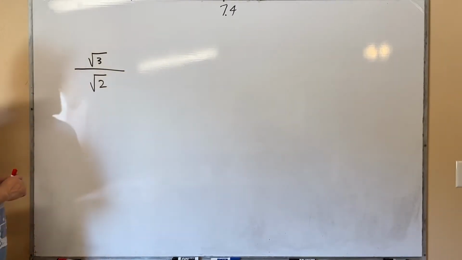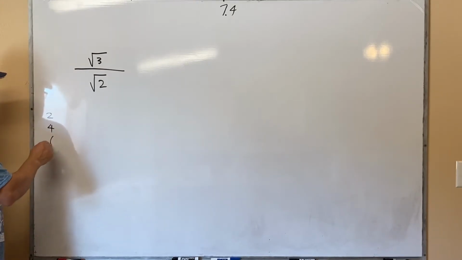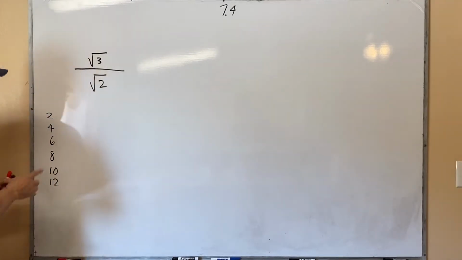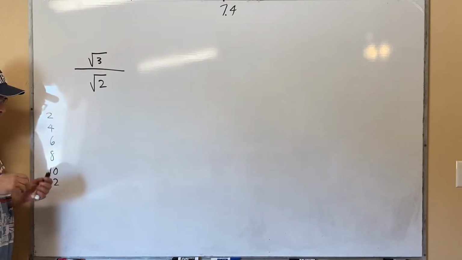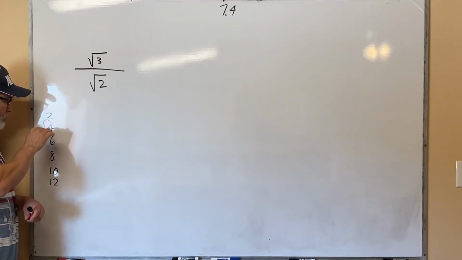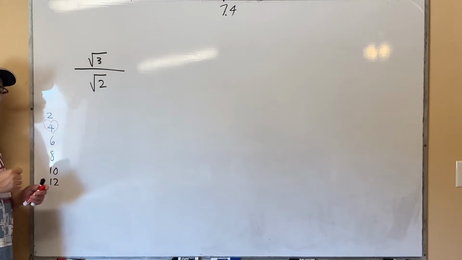Let's look at multiples of 2's. 2 times 1 is 2, 2 times 2 is 4, 2 times 3 is 6, 2 times 4 is 8, 2 times 5 is 10, 2 times 6 is 12. All of these are multiples of 2's, but the one we love is this one, the 4, because it's a perfect square.